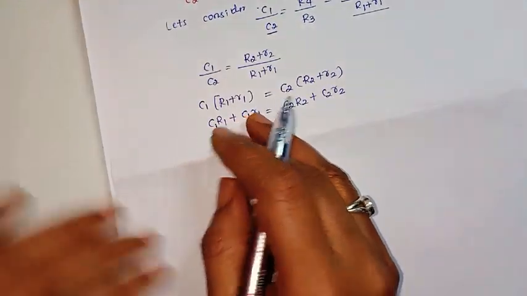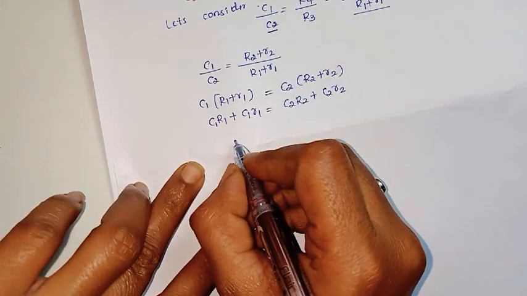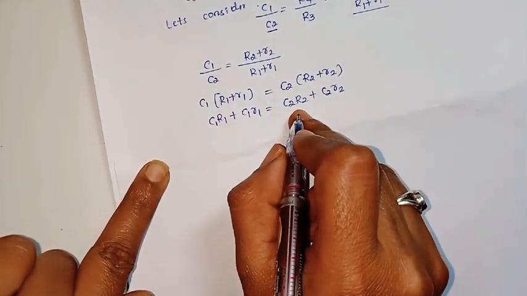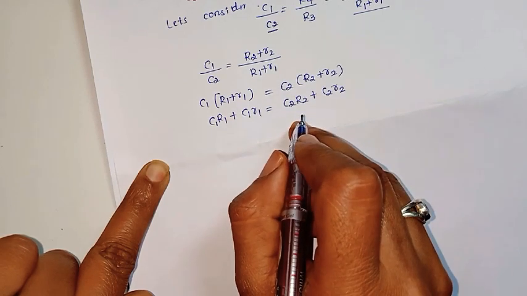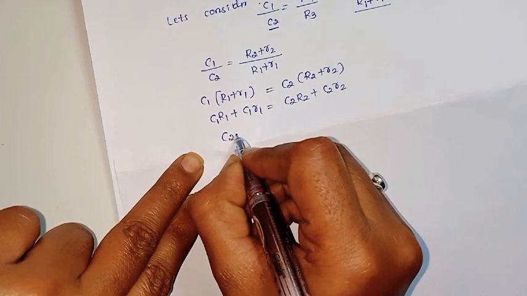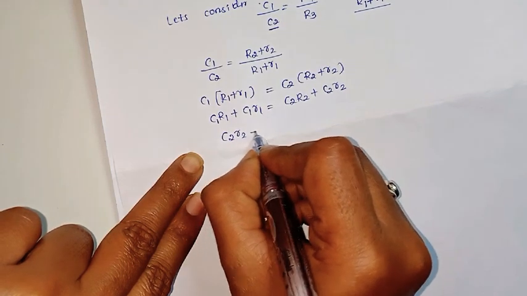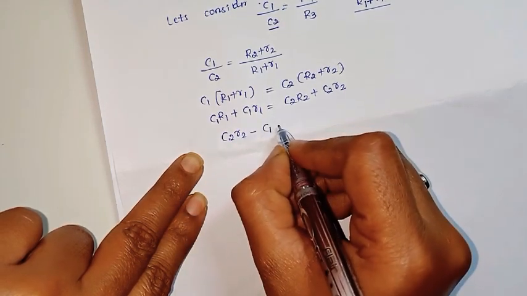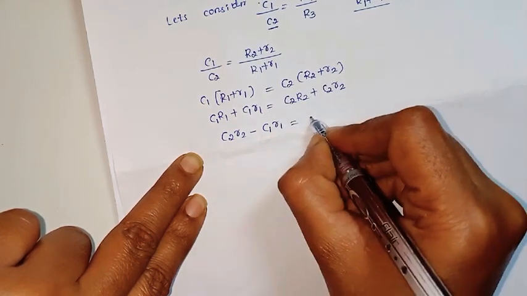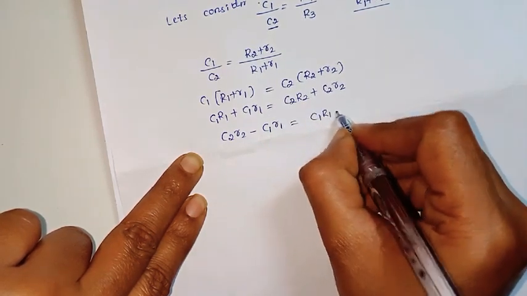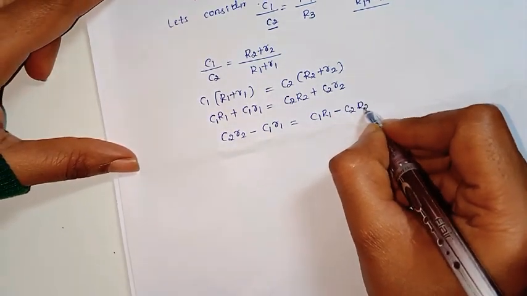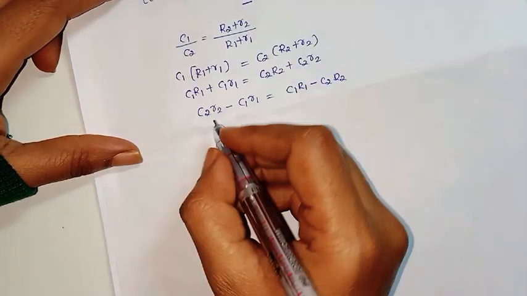Now we will write capital R at one side and small r at another side. So C2 R2 minus C1 R1, that equals C1 capital R1 minus C2 capital R2.